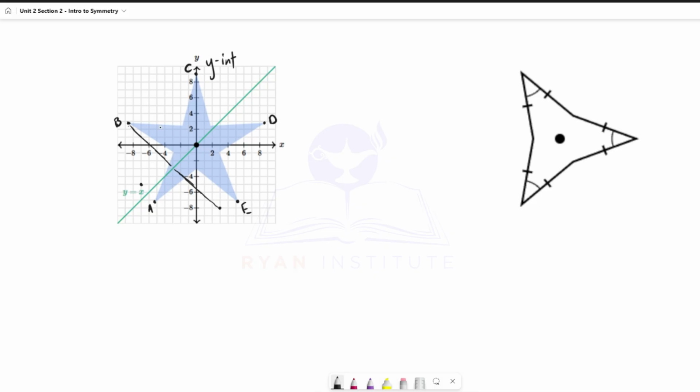And as you can already kind of tell, it's not going to overlap this star shape. I could finish this, but for the sake of the video, I'm just going to draw where the dots should end up.